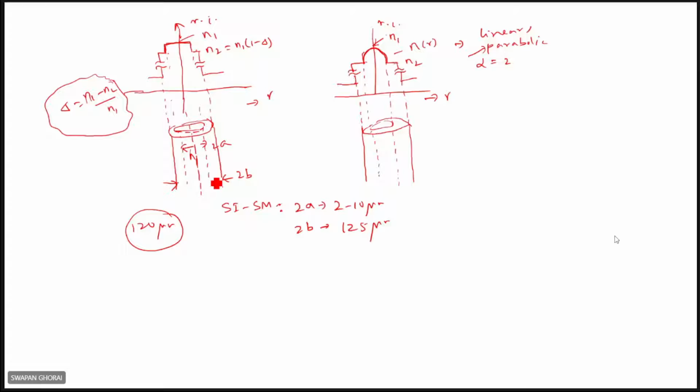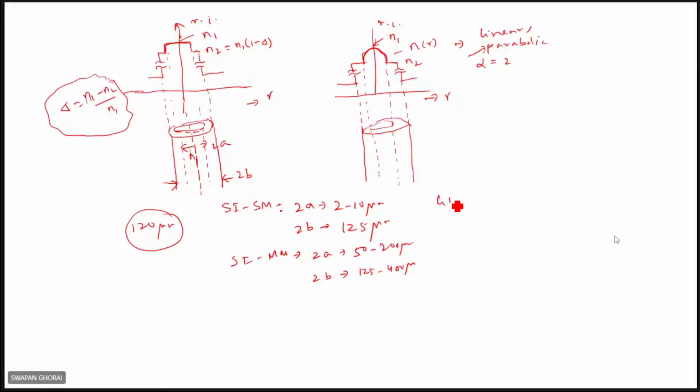So in case of SI-SM fibers, these are the dimensions, and in case of SI-MM fibers, it is quite large: twice A is generally 50 to 200 microns, and the 2B cladding diameter can be 125 to 400 microns. That is SI-MM, right?